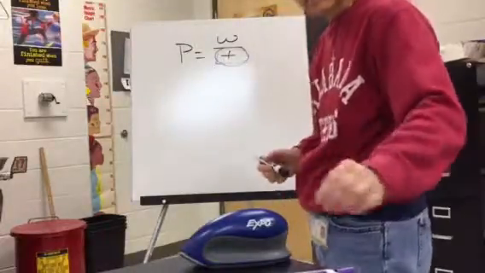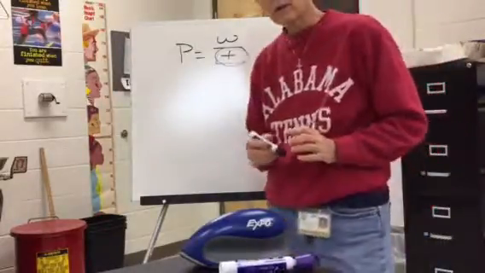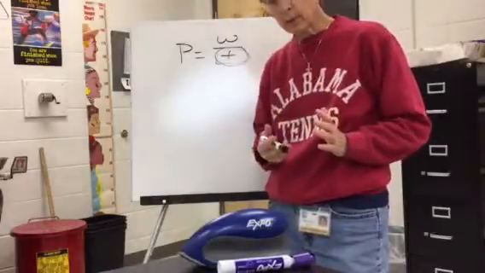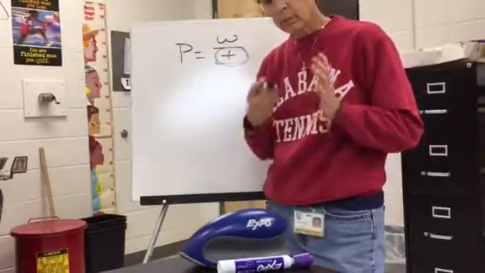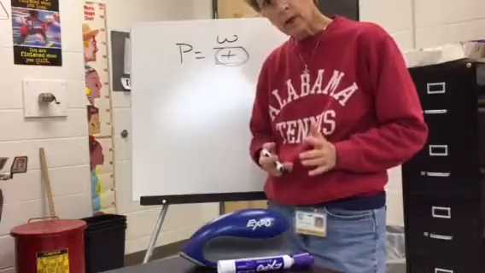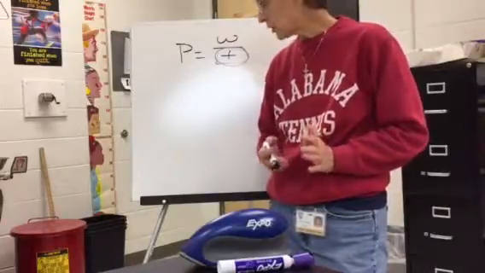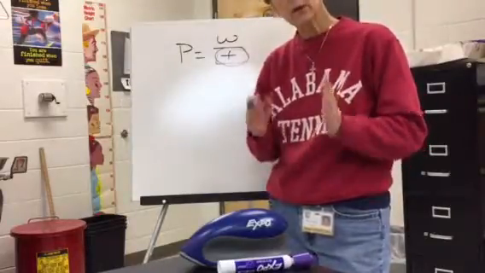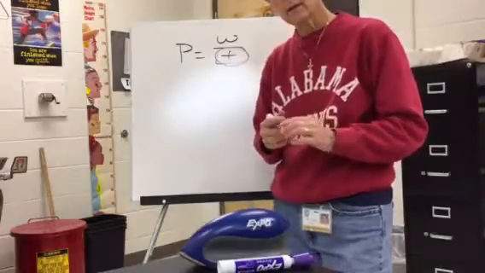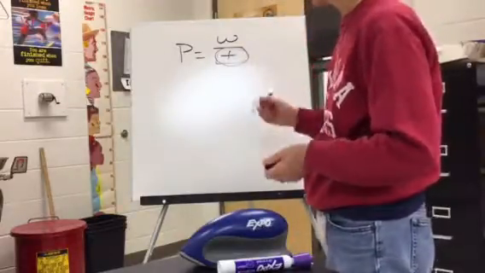I think that's where some of you are having your problems. The other thing is you try to manipulate your formula before you plug your numbers in, and that is going to mess you up. Please stop doing that.